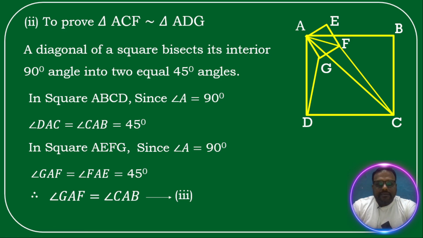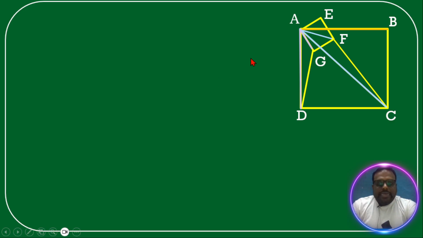Now moving further, here you can see some colors. That is the main thing we require. If you concentrate correctly, BAF angle and CAF. CAB is a combination of two parts, CAB is a combination of BAF and CAF, right? CAB we took as 45 degrees.